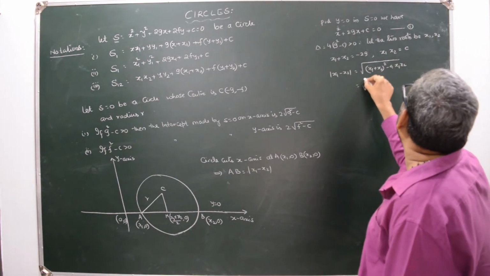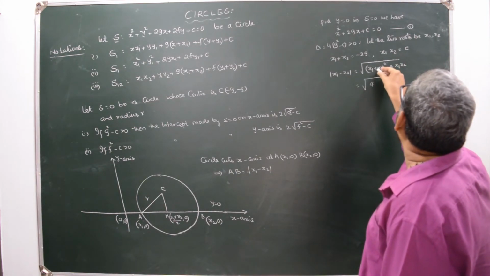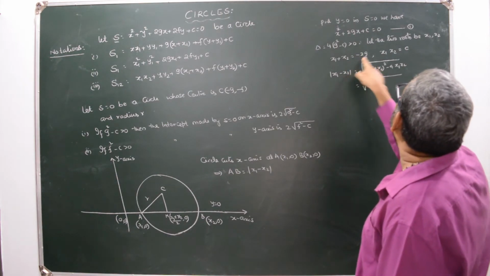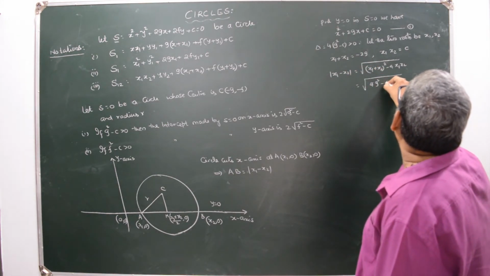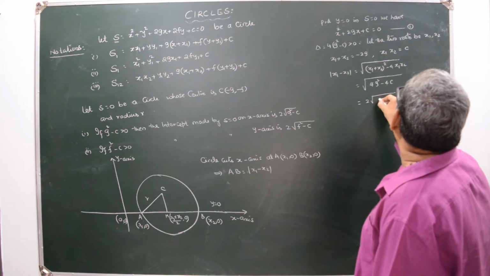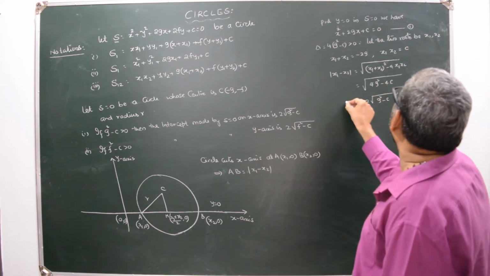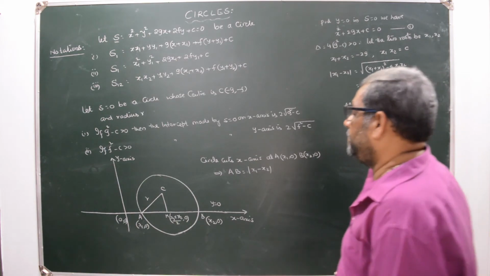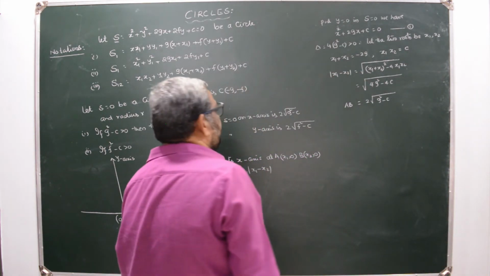This is equal to square root of 4g square minus 4c. You can take 4 common and bring it outside: 2 root of g square minus c, which is equal to AB. So that is the length of the intercept.